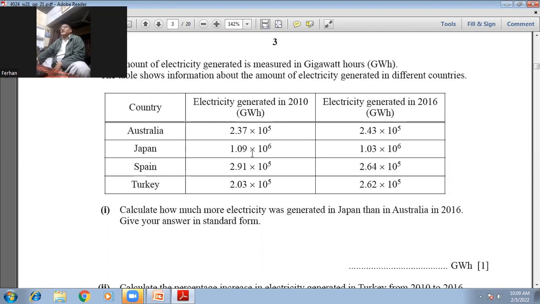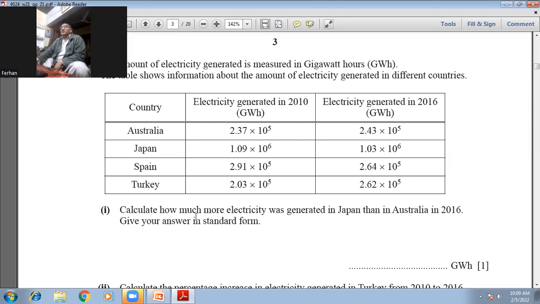In Japan, 1.09 x 10^6, 1.03 x 10^6, 2.91 x 10^5, 2.64 x 10^5, and Turkey 2.03 x 10^5 and 2.62 x 10^5. Calculate how much more electricity was generated in Japan than in Australia in 2016. Give your answer in the standard form.